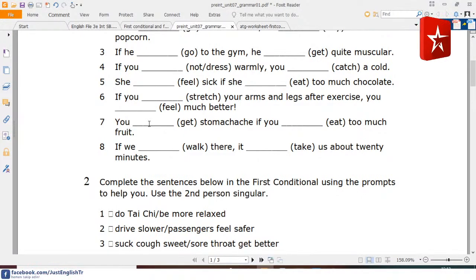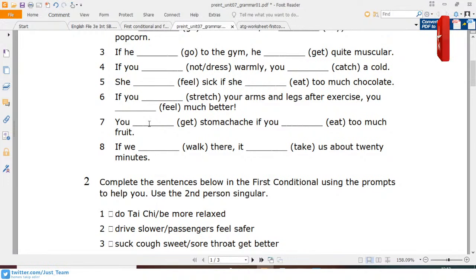And another question is about the sentence after if you work too hard. If you work too hard, you will pass the exam. No, Eylem. This is a rule for first conditionals.